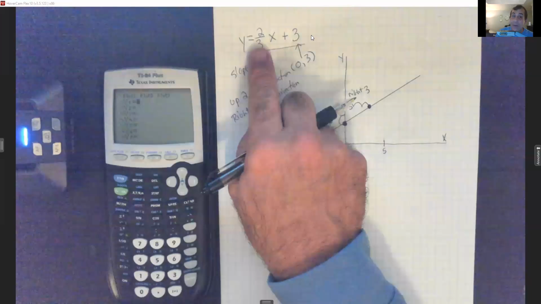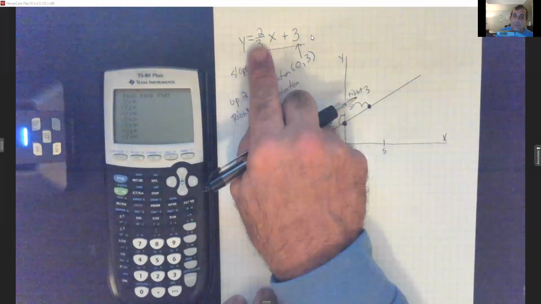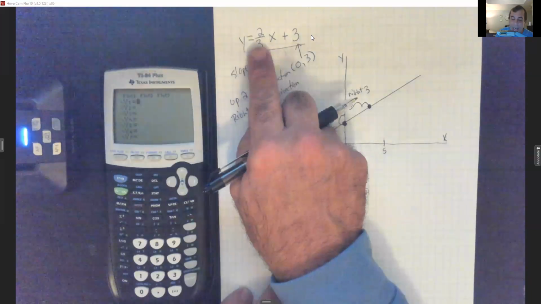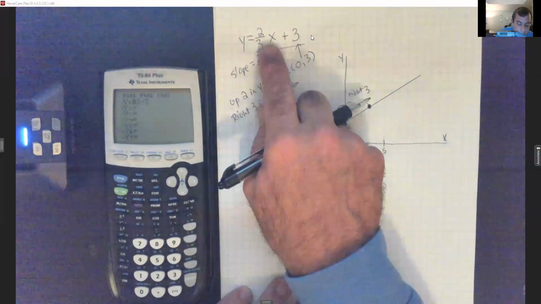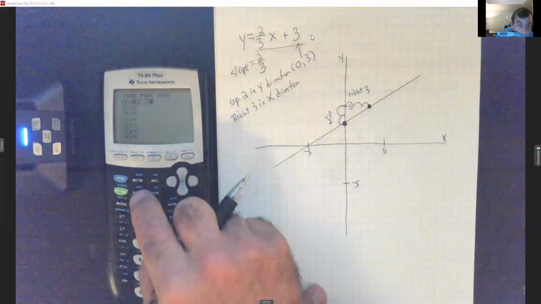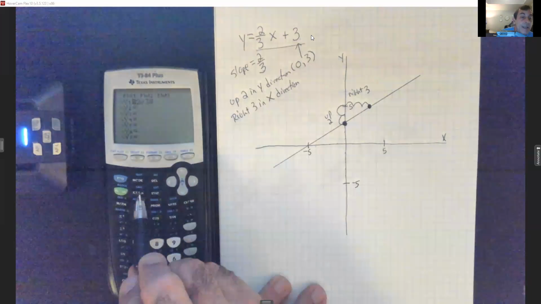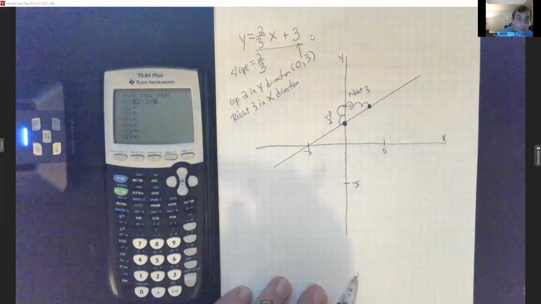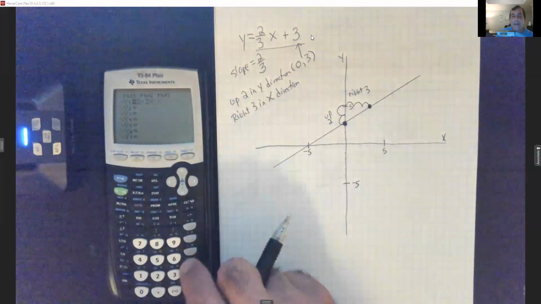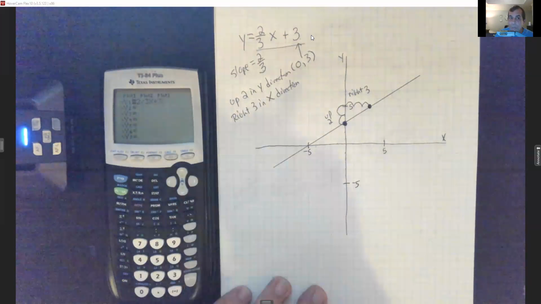The first way, that 2/3, I can write as 2 divided by 3. Then I get my x, which is the long button right here by the green one. It's got an X and a T. Hit that, and it puts an X there. And then plus 3. That's one way you can put this in.